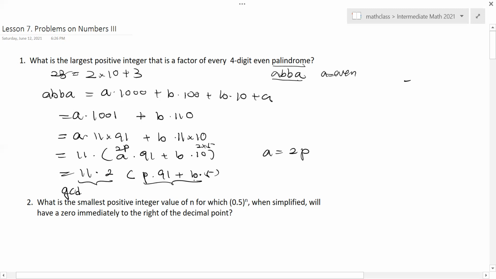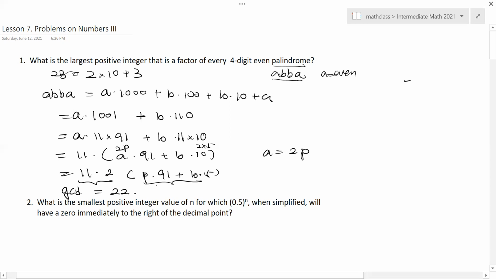And you can check that I don't find any common factors on those two. So now it's clear that the greatest common divisor is going to be 22. I think 22 is the answer.